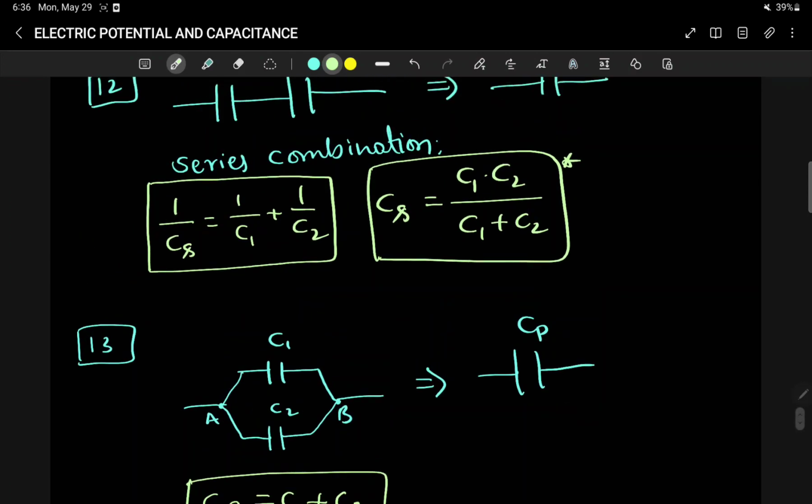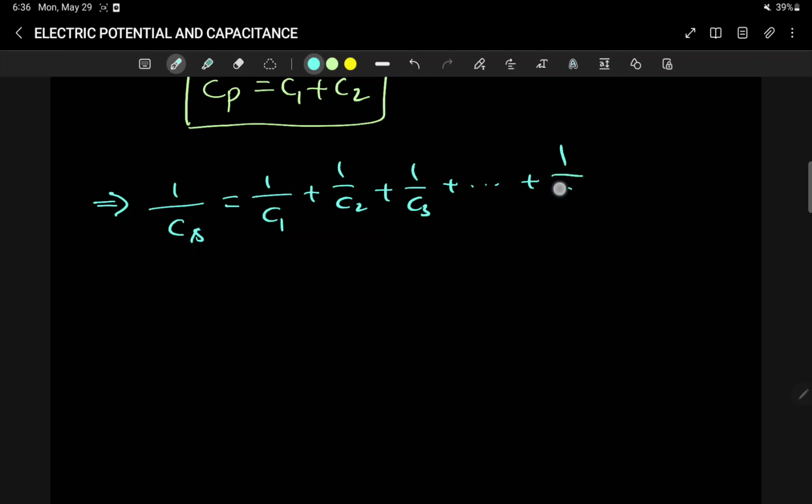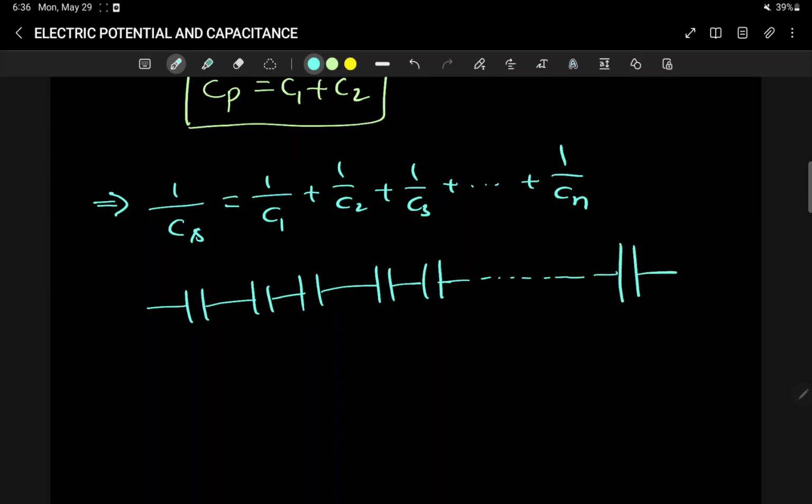Okay, dear students, if you take these two cases and solve for n number of capacitors, for series combination you get 1 by Cs is equal to 1 by C1 plus 1 by C2 plus 1 by C3, and so on up to 1 by Cn. Like this, n number of capacitors are connected in series, and all the capacitances are the same.